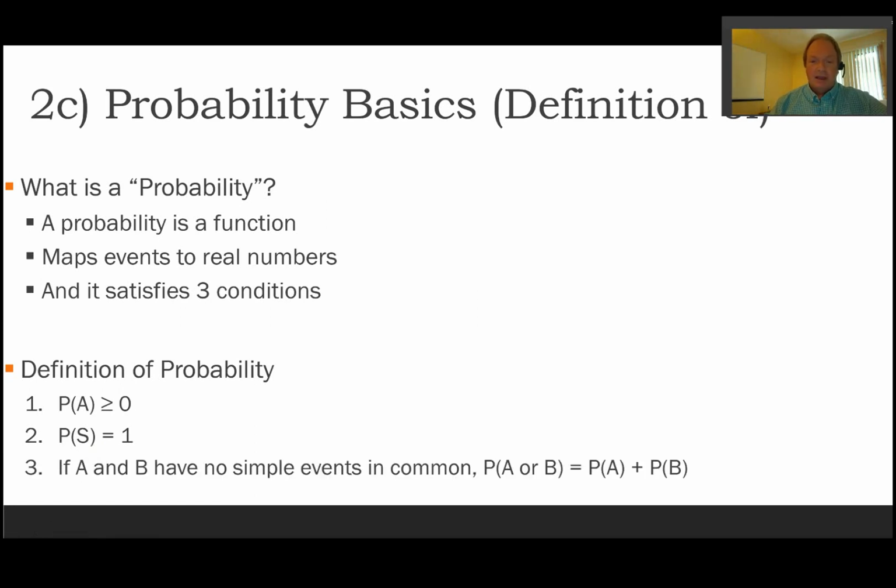And finally, and we're going to talk about this third condition more, if I have two events that have nothing in common, no outcomes in common, if you go back to the die rolling example we've talked about, the simple event that I roll a 3 and the event that I roll an even number have nothing in common. There are no outcomes that are in both events. So in that case, the probability that one event occurs or the other event occurs is the sum of their probabilities.